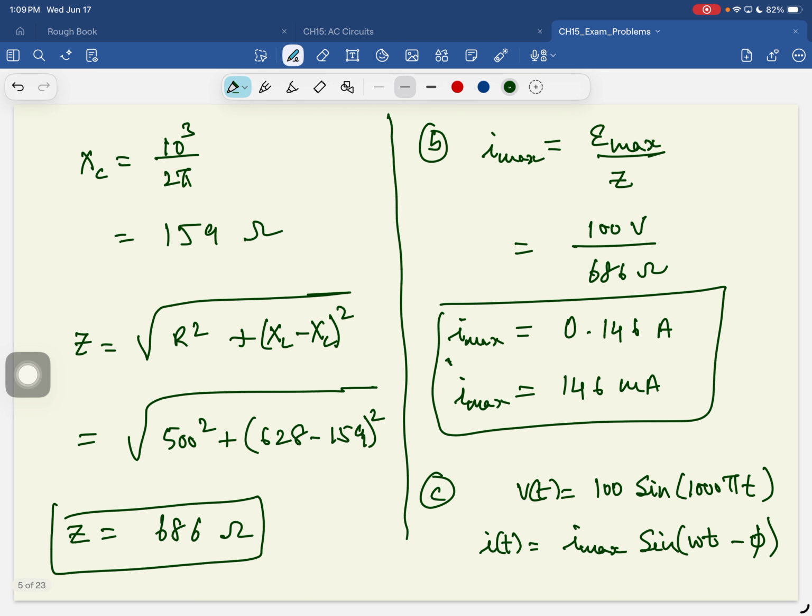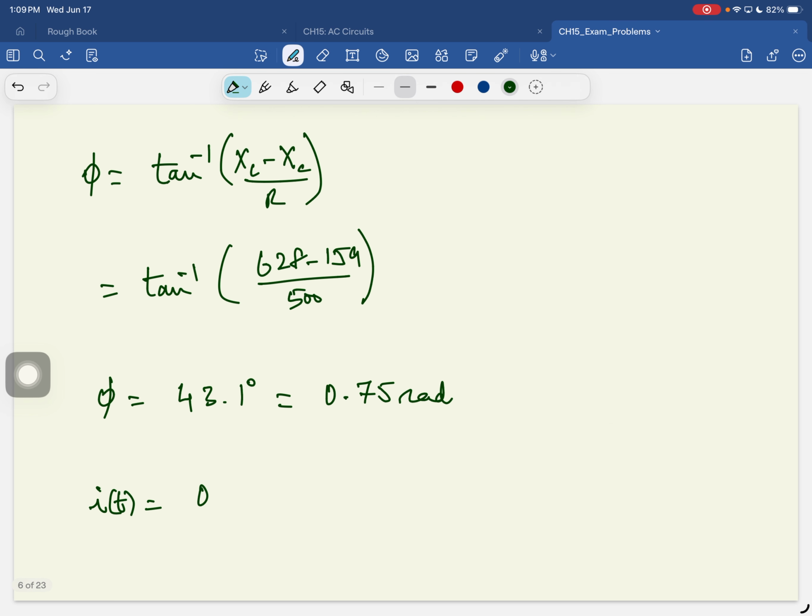Okay, so we have that. Now we can calculate the total impedance.